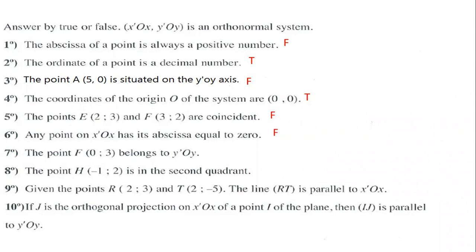Let me move to Zainab Assi. Read 7. The point F(0, 3) belongs to y prime y or x prime x? If it has abscissa 0, it belongs to y prime y. If it has ordinate 0, it belongs to x prime x. They are always opposite, Zainab.